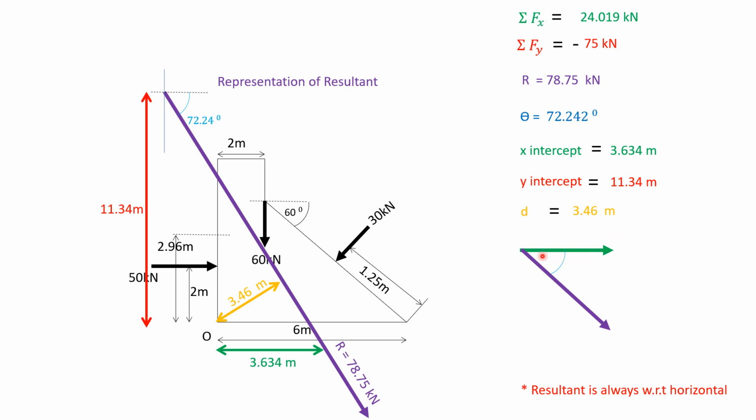So the resultant is in the fourth quadrant, having angle of 72.242 degrees and magnitude of 78.75 kilonewtons. So it has x-intercept, y-intercept, and perpendicular distance. So the resultant is located like this with respect to point O.